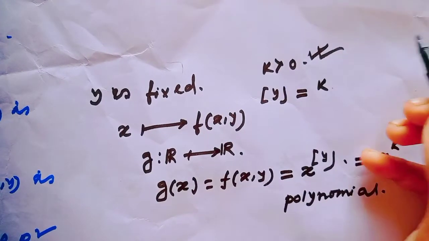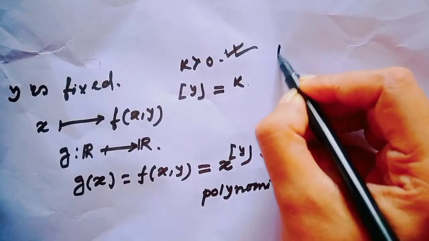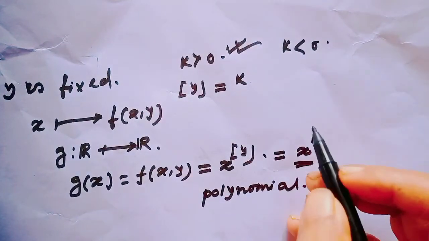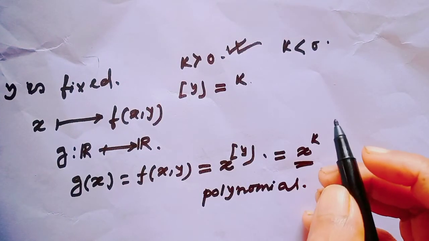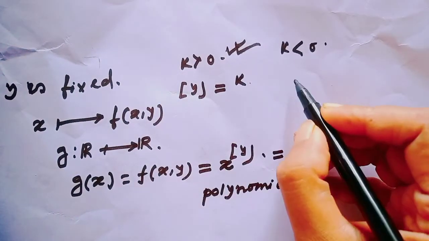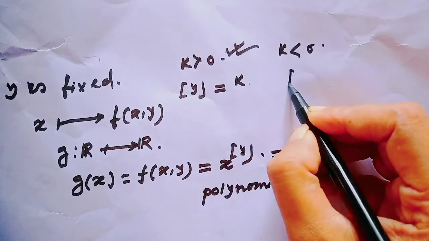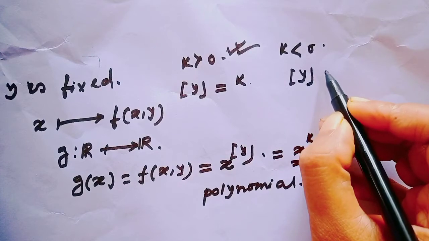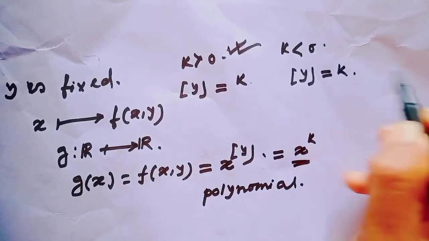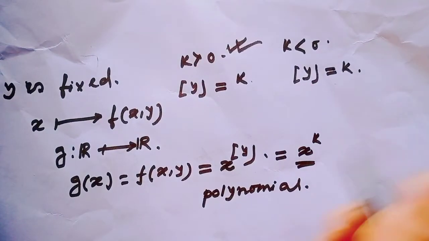But when k is less than 0, consider box of y equal to k, which is less than 0.